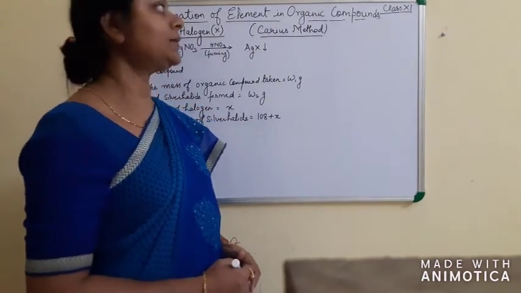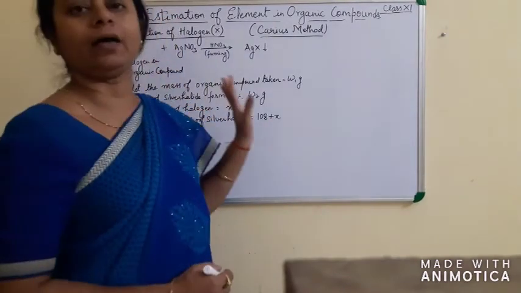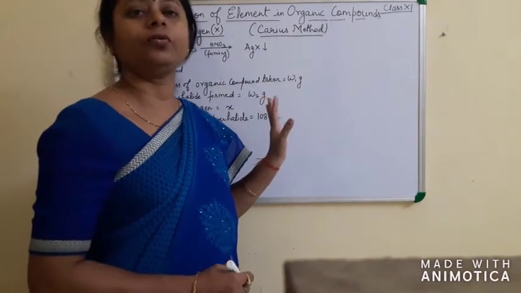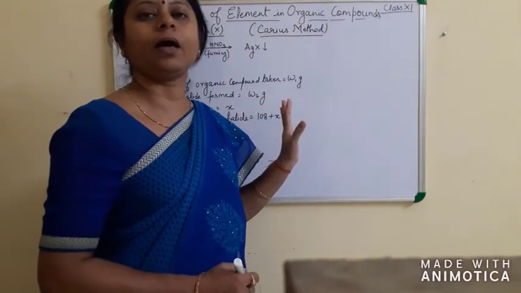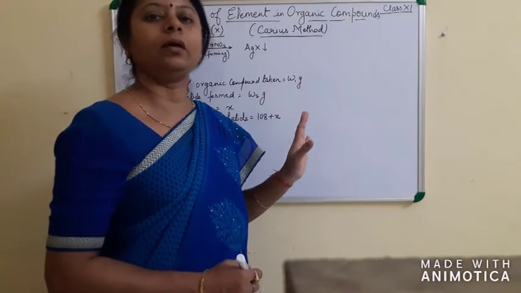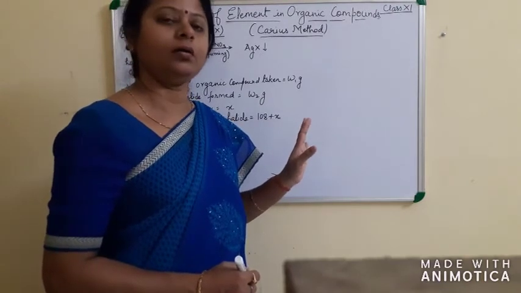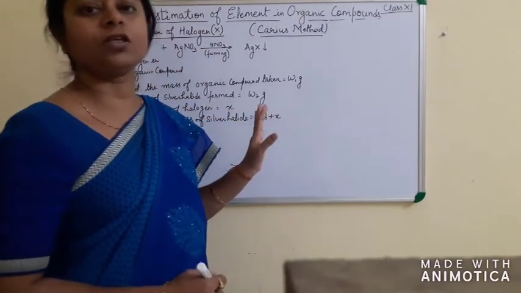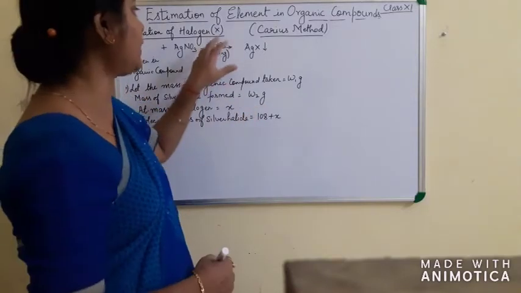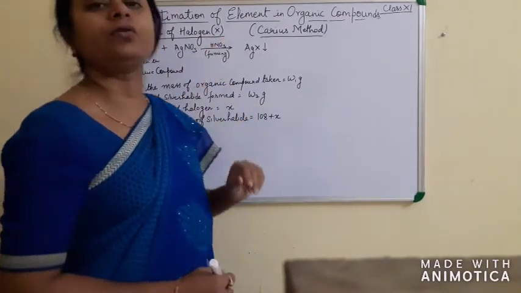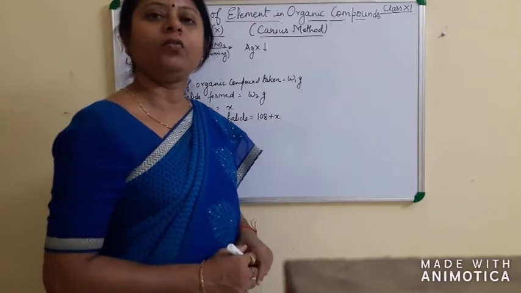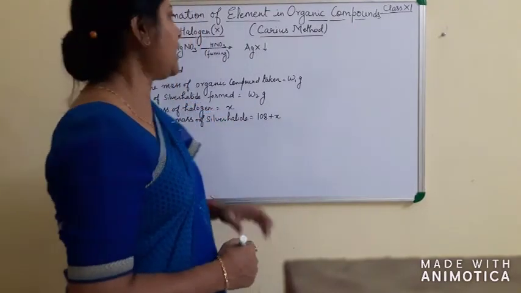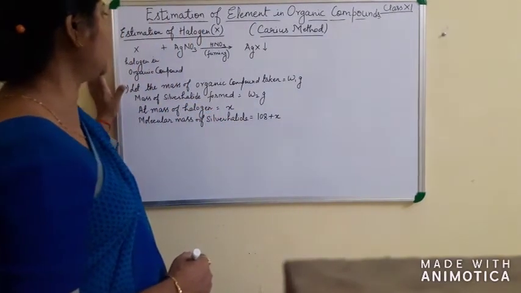Now you have studied the estimation of carbon, hydrogen and nitrogen. Now you will study the estimation of halogen, because most of the time halogen is also present in the hydrocarbon. If halogen is present, we represent it by the symbol X. By using the Carius method, we can estimate halogen.